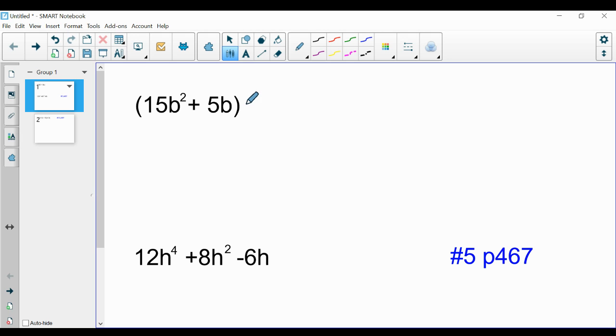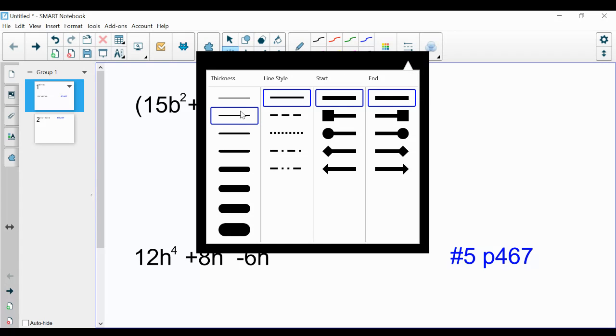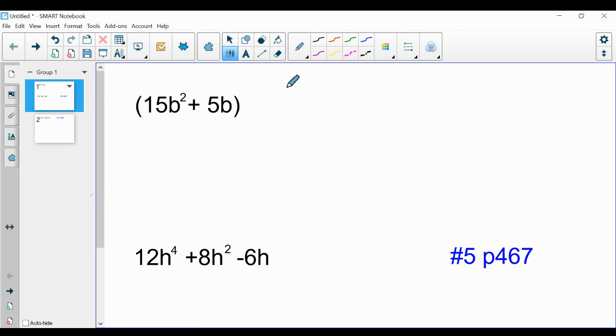We're basically going to pull it out. You're undistributing. So what we're going to do here is find our GCF. When we look at this, we're going to be taking 15b squared, and all of its factors are 3 times 5 times b times b. Now, the nice thing about 15b is that it's already basically factored.